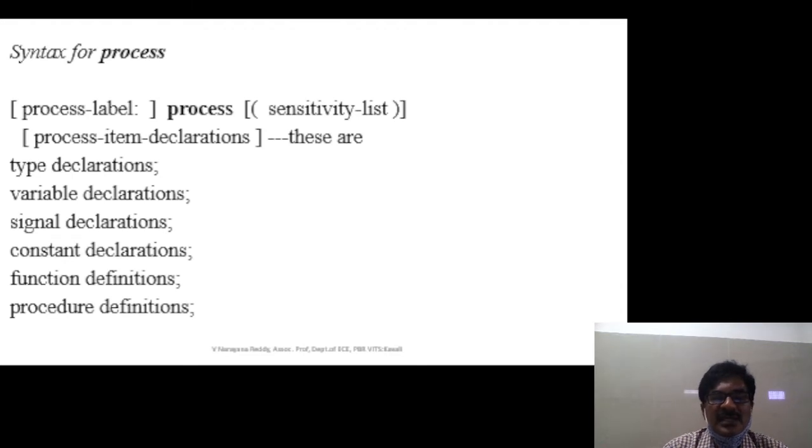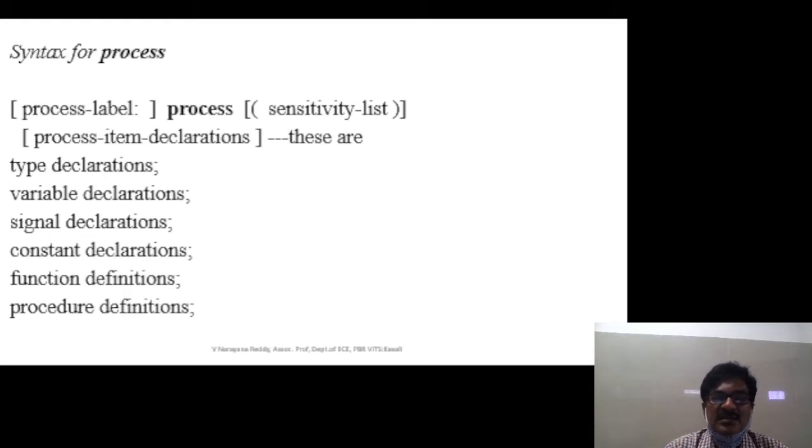But if you observe here, there is no component declaration, right? In the architecture body we observed that component declaration is there, but not here. Only certain types of declarations can be done in the process. Those are type, variable, signal, constant, function, procedure.